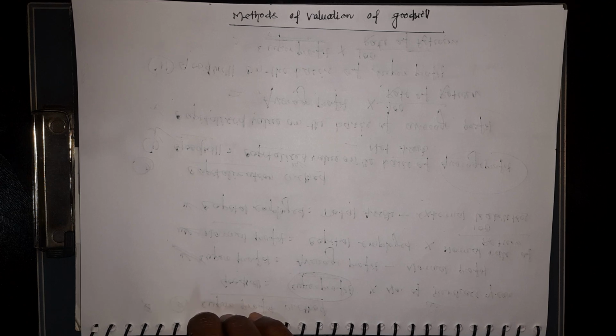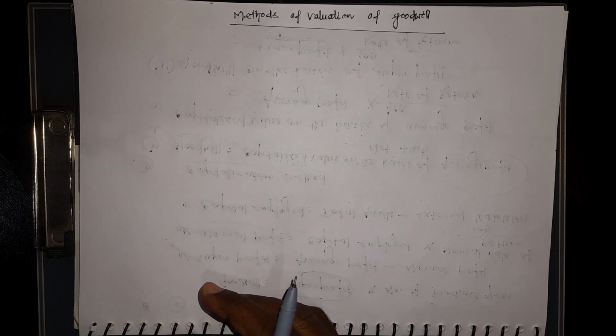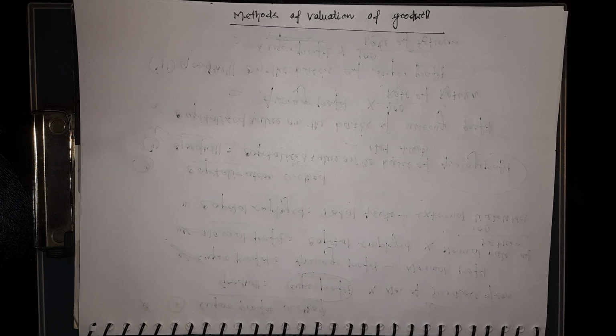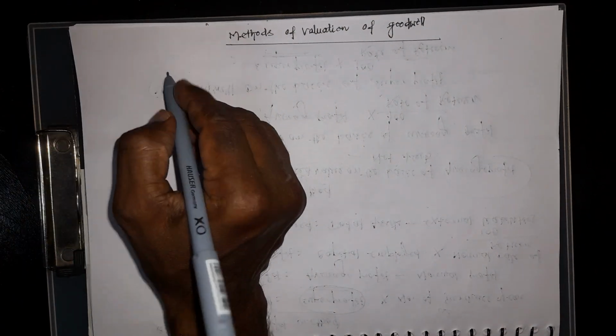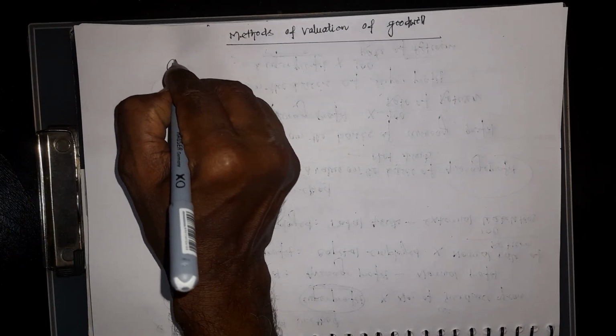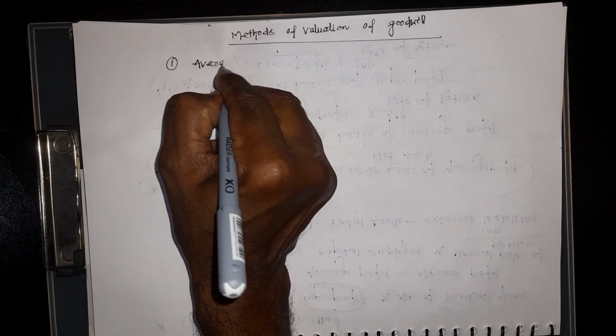And it is not sure that the goodwill calculated in one method may or may not be the same as the value of goodwill calculated in another method. Clear? So the methods of valuation of goodwill, the first one is the average profit method.